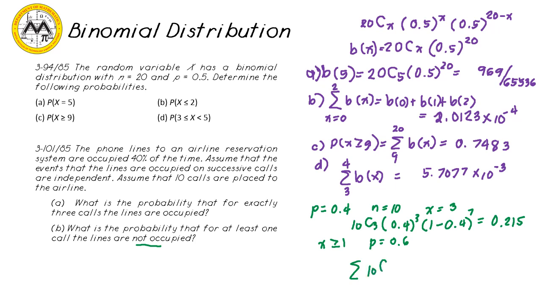So this is the summation of 10 combination x, 0.6 raised to x, 0.4 raised to 10 minus x, for x is equal to 1 to 10. So 0.9999.